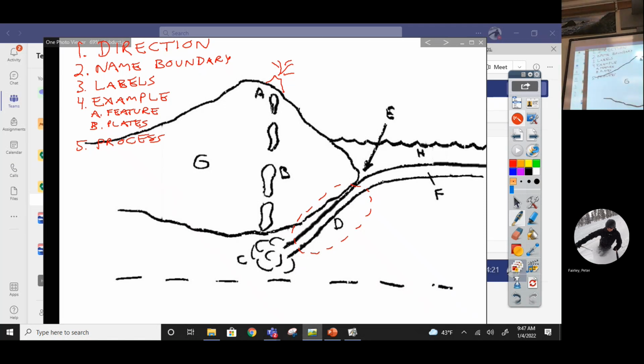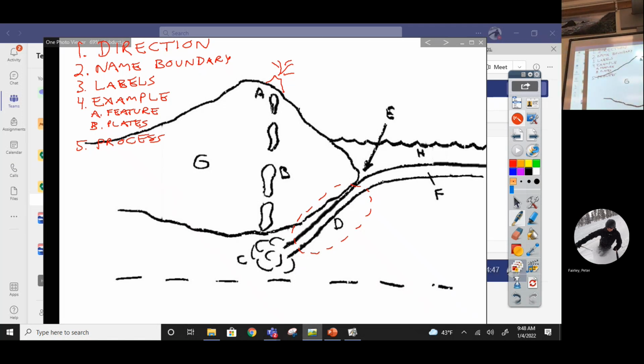Another example is the Andes Mountains of South America, where the South American plate is getting pushed underneath the Nazca plate. Another example, in Alaska, is the Aleutian Islands, where the Pacific plate is once again getting pushed underneath the Eurasian plate.